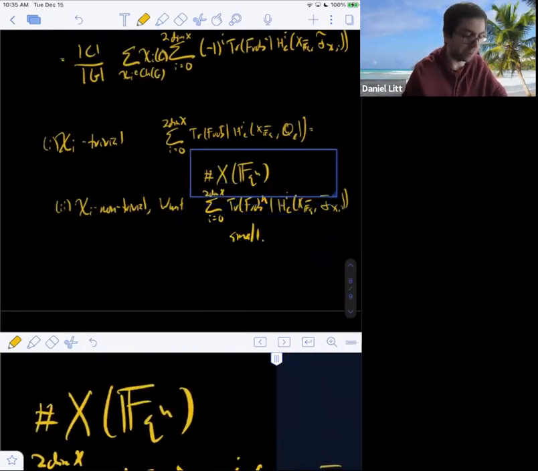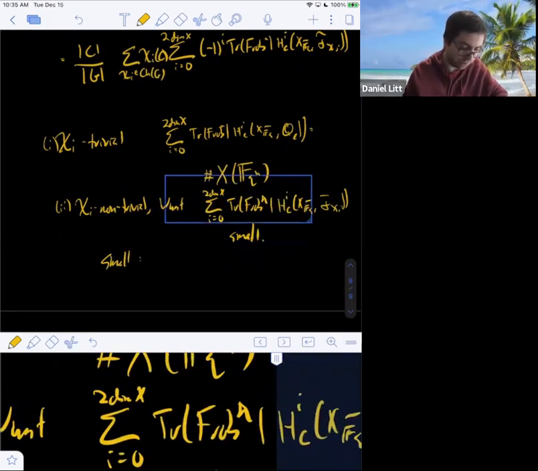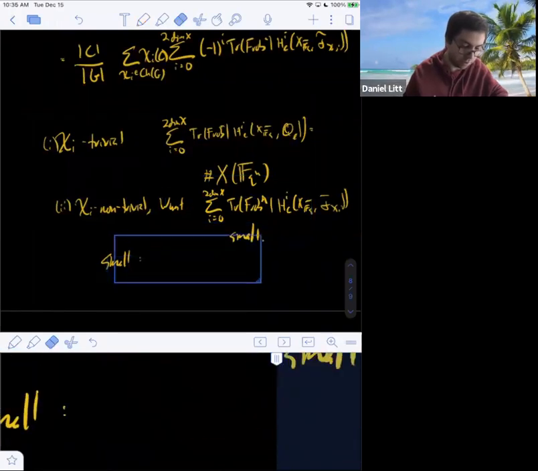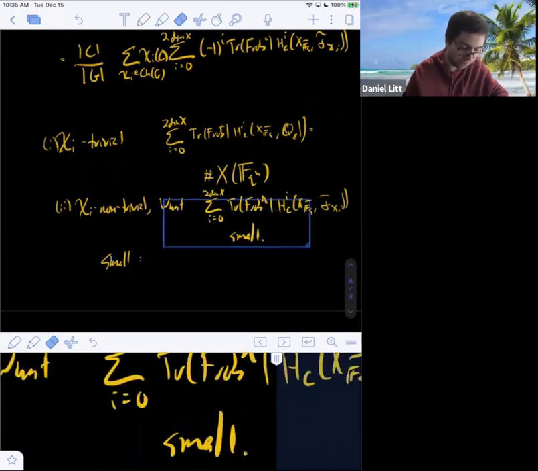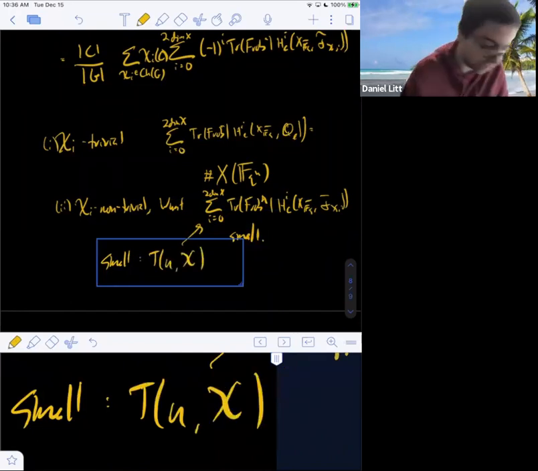Meaning we want it to be dominated by this number. Let me call this number t of n comma chi. So it's something that depends on n and chi.